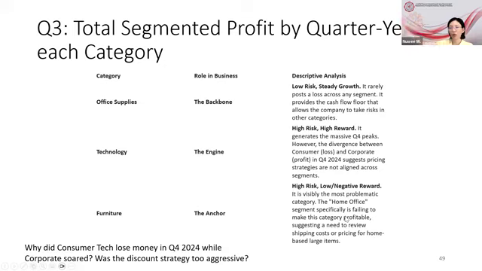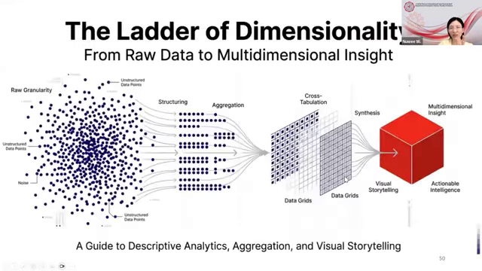So we can ask more questions. Why did consumer tech lose money in Q4 2024, but corporate did not? Was the discount strategy too aggressive, causing the scenario over here? We can move on to diagnostic analytics to be able to answer these questions next time. Okay, so for this lecture, this summary is also done by AI.